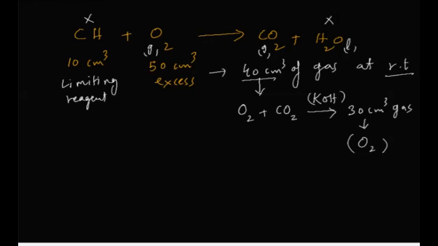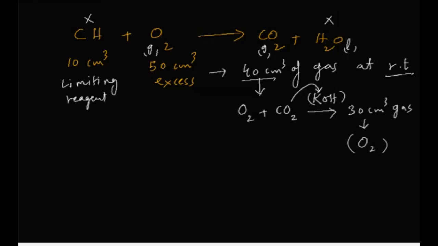Oxygen is in excess, so not all of the oxygen will be used. Carbon dioxide may be present, and at room temperature water is a liquid, not a gas, so you can skip the water. It means in 40 cm³ only carbon dioxide and oxygen are there. If we pass it through potassium hydroxide, carbon dioxide, being an acidic gas, reacts with the potassium hydroxide, and you will get only oxygen.